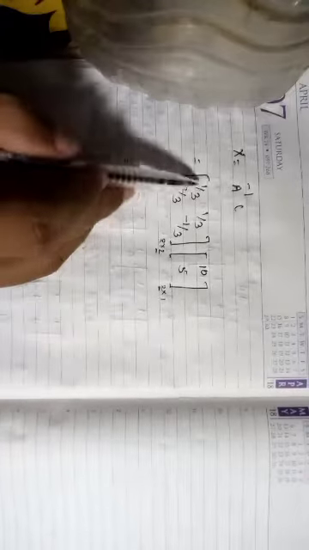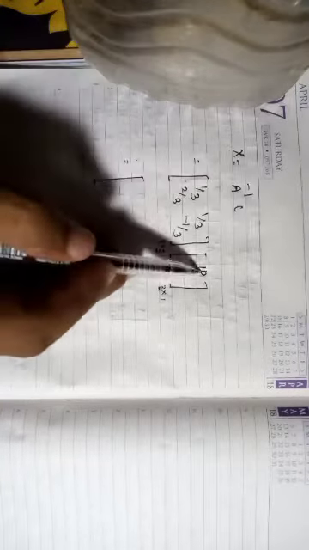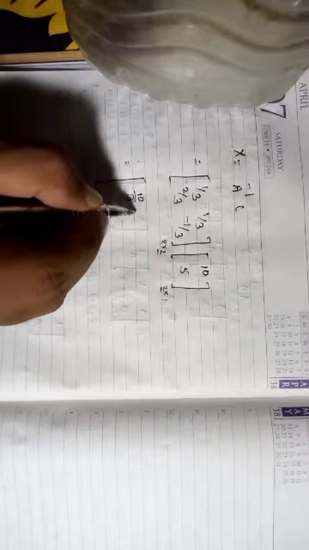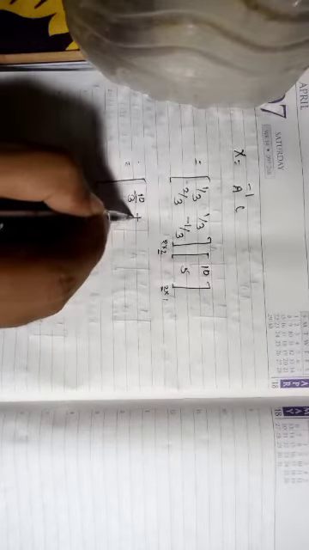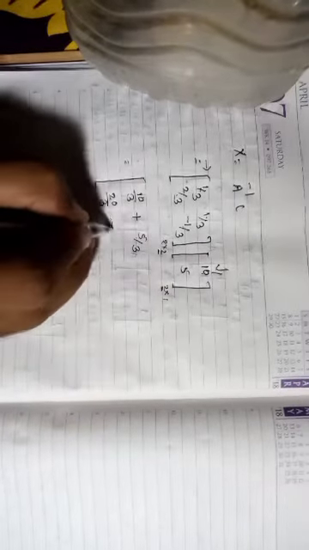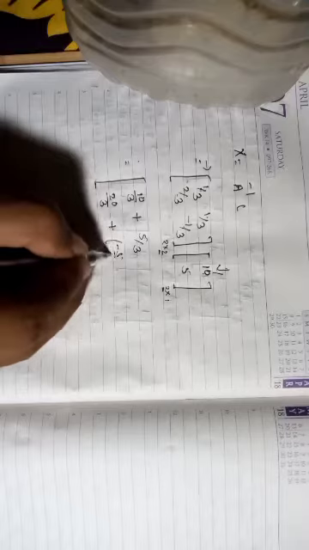So the first element is 10 upon 3 plus 1 into 5, that is 5 upon 3, taking row with column. Similarly for the second row, 20 by 3 plus minus 5 by 3.